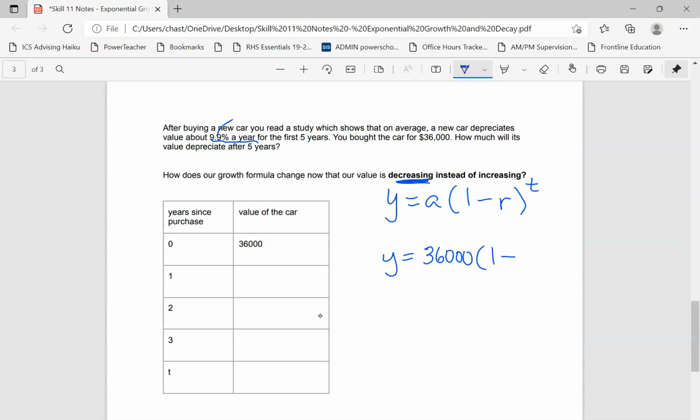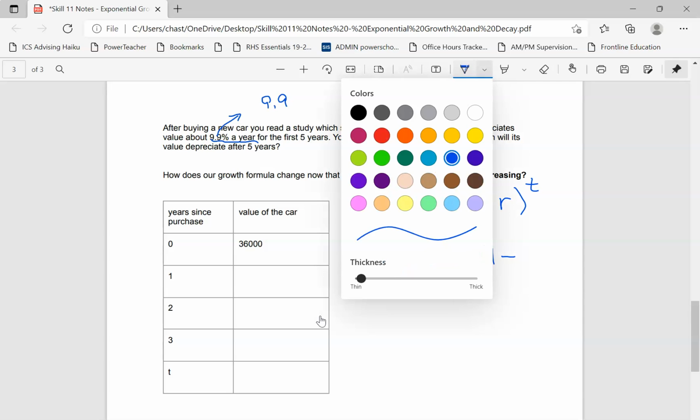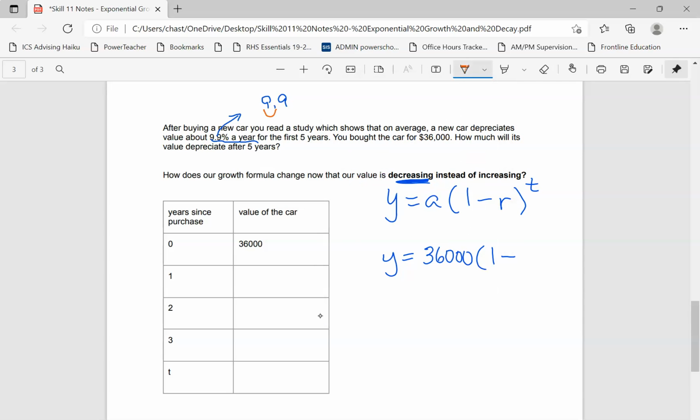Now 9.9%, if you take that 9.9 and make that into a decimal, you have to move that decimal 2 places to the left, insert your 0, so 0.099, which will give us y equals 36,000 times, if we take 1 minus 0.099, that gives us 0.901. And because this value is less than 1, this 0.901, we know it's going to decay in value.